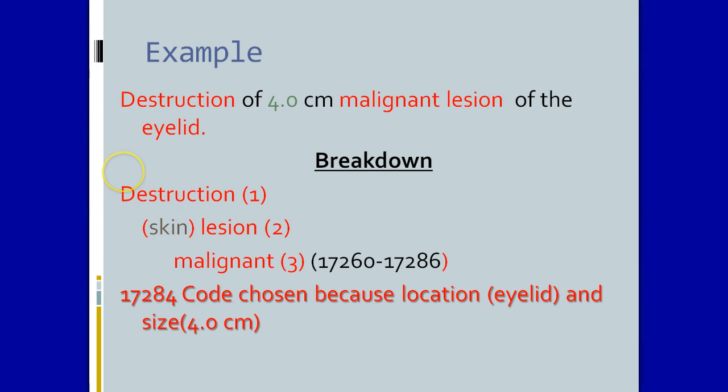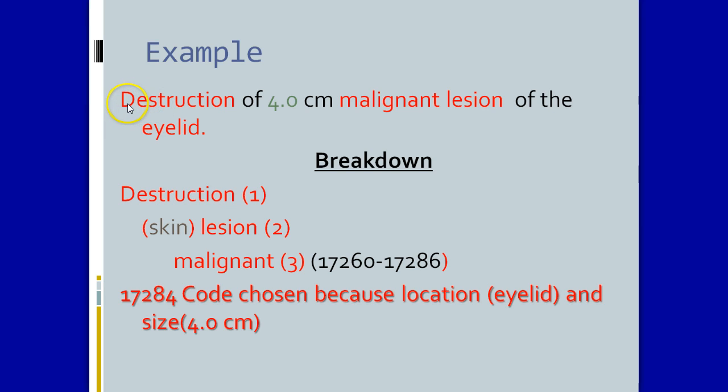Okay, here's an example. We have our main term here, destruction, and we have 4.0 centimeters of a malignant lesion of the eyelid. So all of these words in red are specifically searchable in the index.